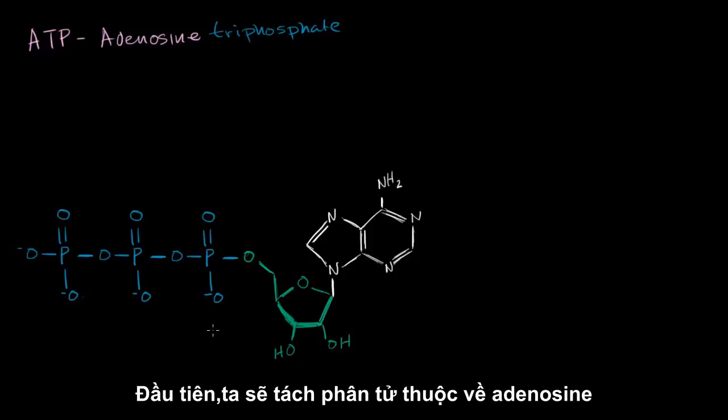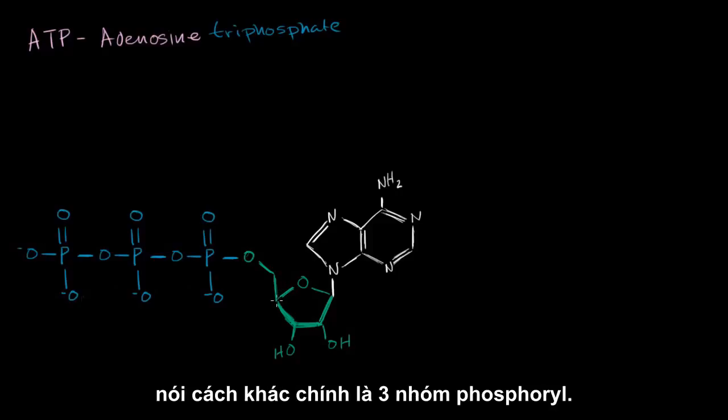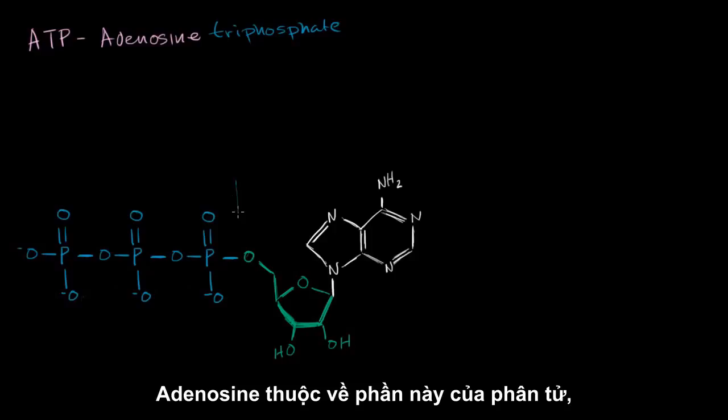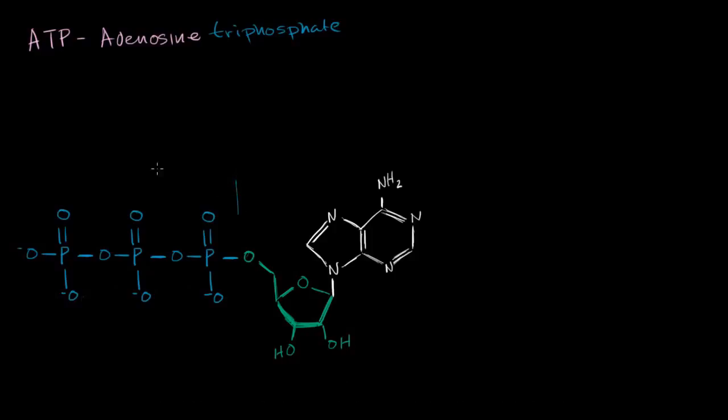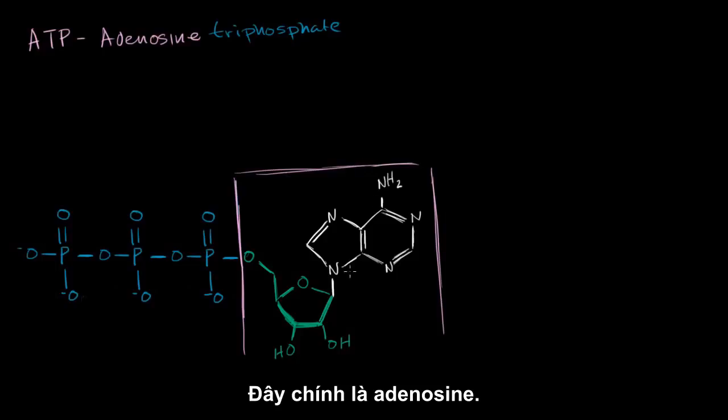So the first part is to break down this molecule between the part that is adenosine and the part that is the triphosphates, or the 3 phosphoryl groups. So the adenosine is this part of the molecule. Let me do it in that same color. So this part right over here is adenosine, and it's an adenine connected to a ribose right over there. So that's the adenosine part.